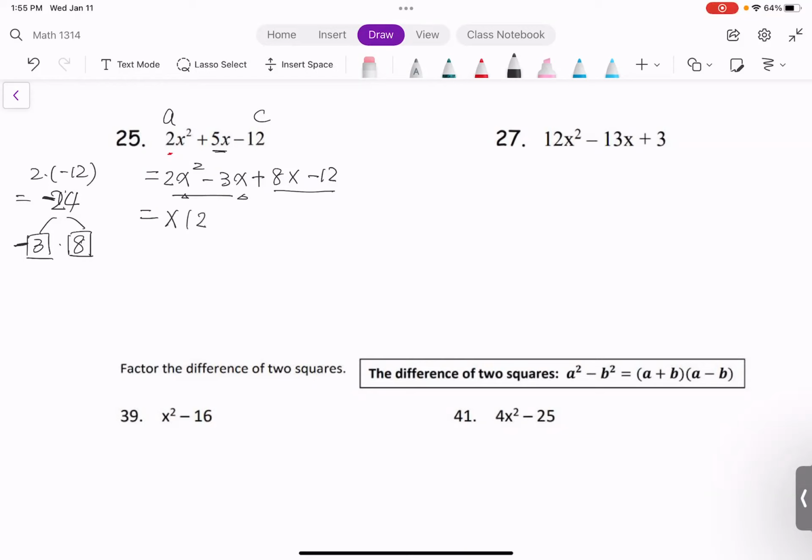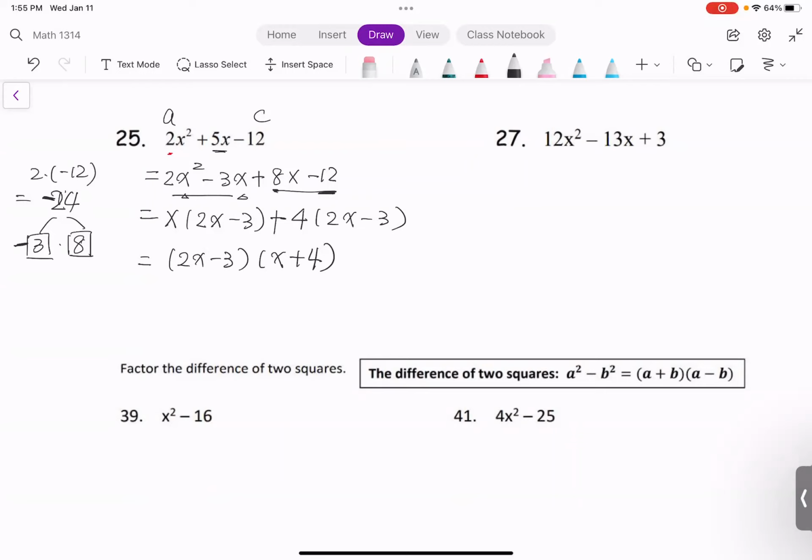We have 2x minus 3 left. Plus 8 and negative 12, I can factor out the 4. We have 2x minus 3. 2x minus 3 multiplied by x plus 4. So we factored this polynomial.